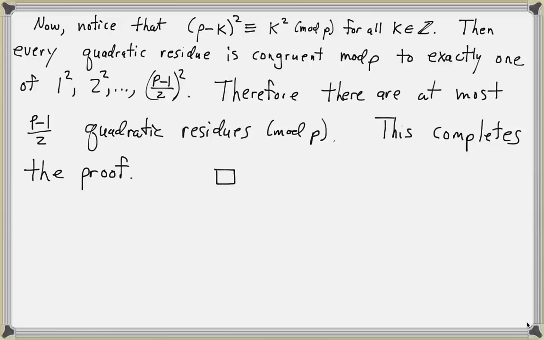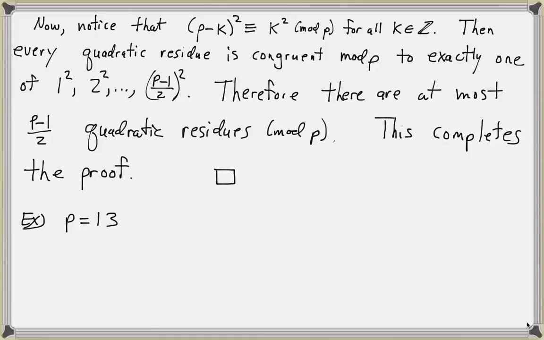So let's illustrate this again with another prime. When p is 13, let's look at the integers 1 through 12. As we know, we only have to square the first half of them.